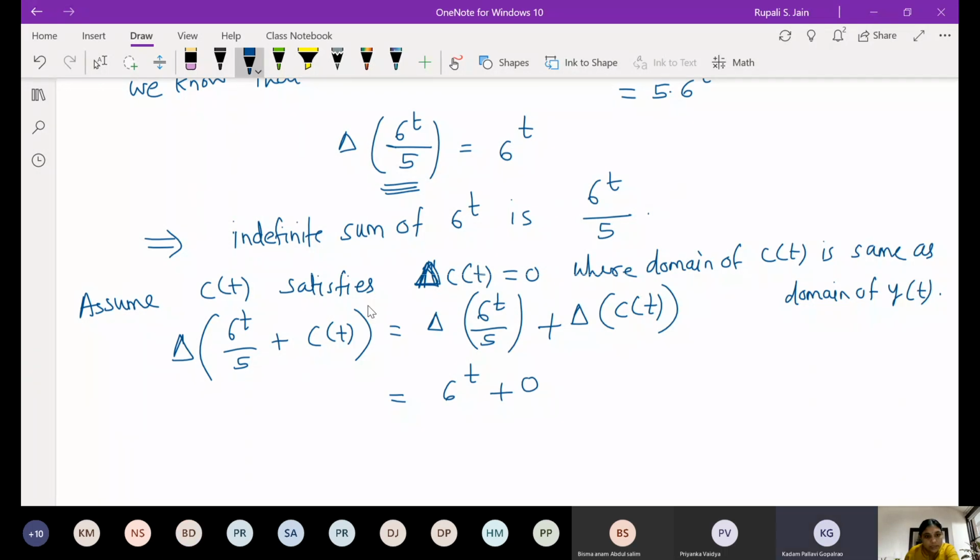So again, I can say that this function is also an indefinite sum of 6 raised to t.